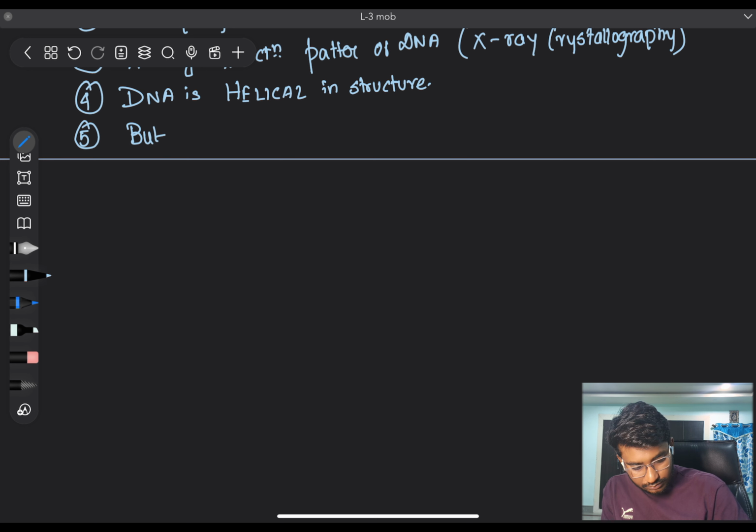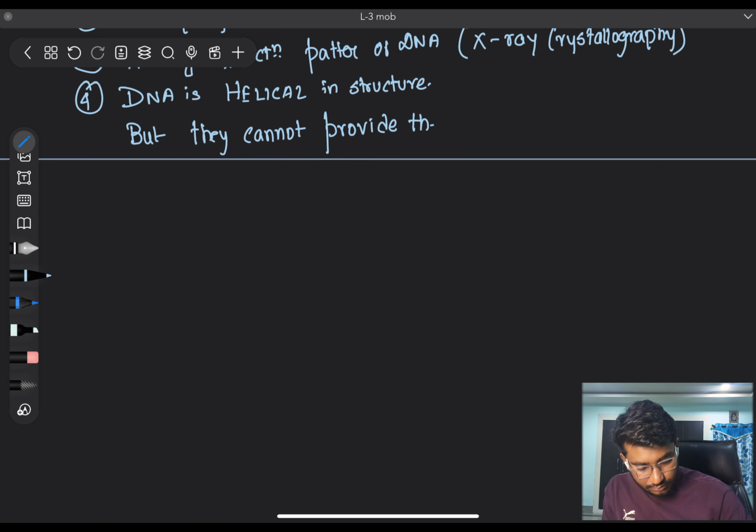But they could not provide the proper DNA structure.